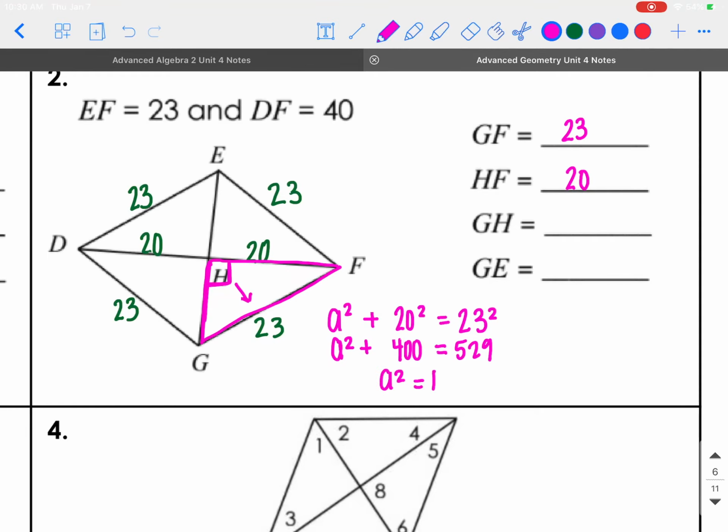And if I subtract, I get a squared equals 129. And then we need to take the square root to get a equals 11.4. So GH is 11.4, which means that GE is going to be 22.8.